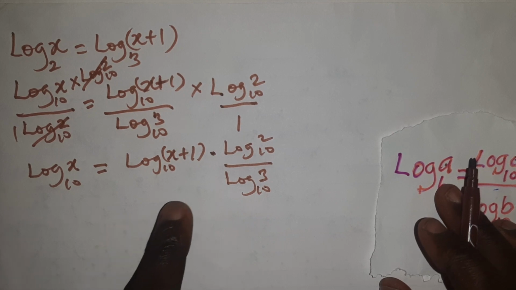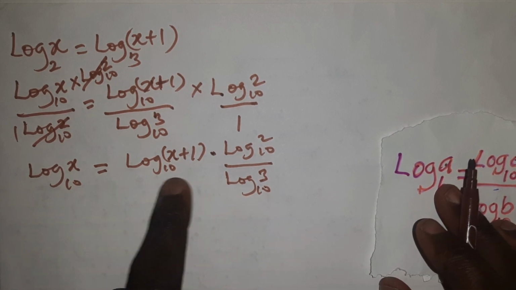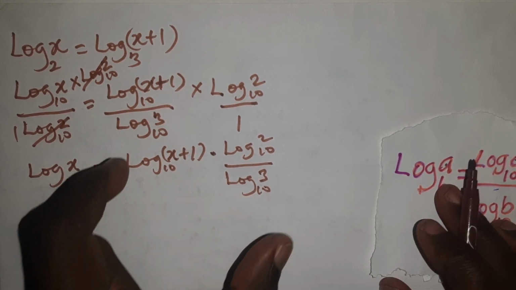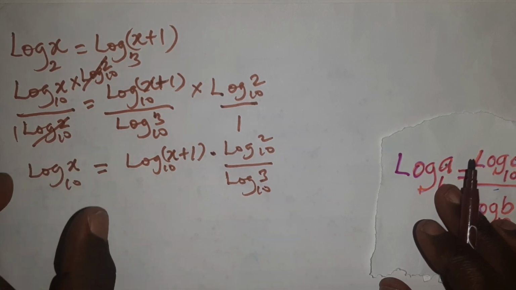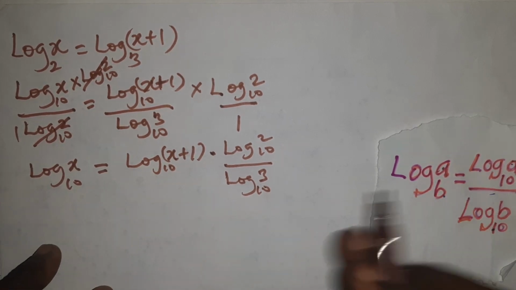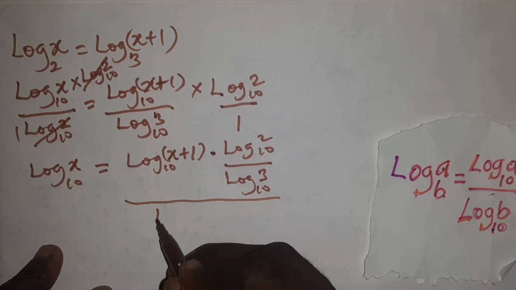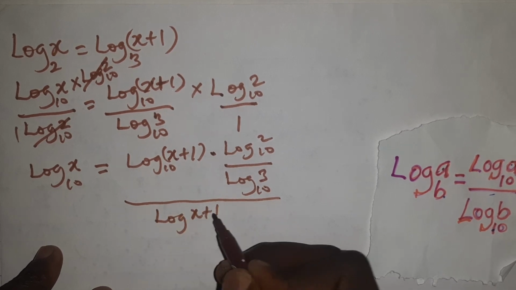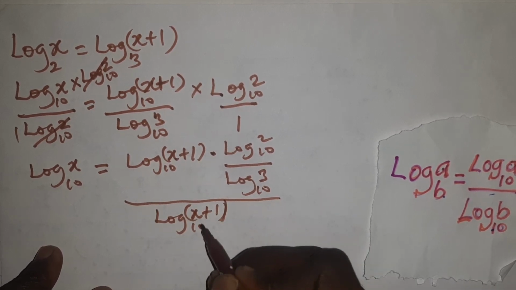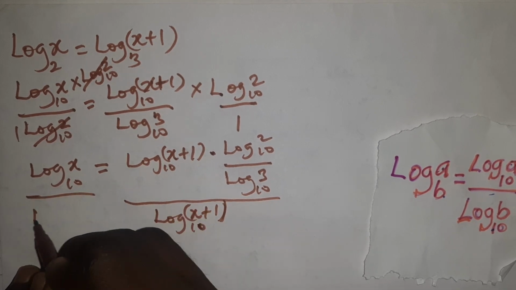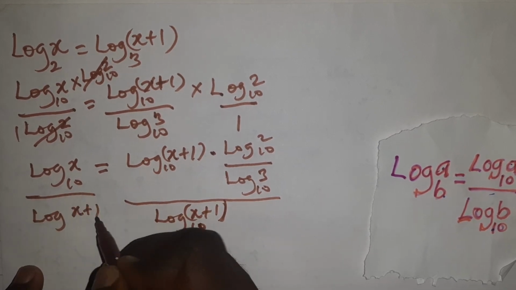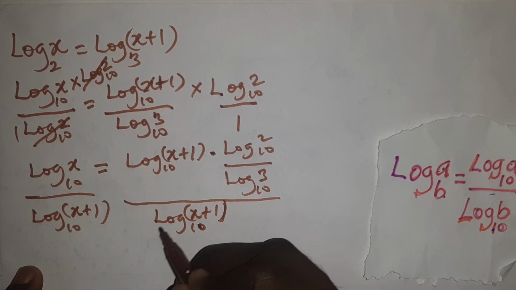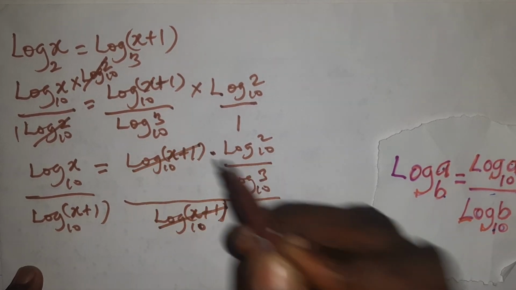Then I could divide both sides by log x plus 1 base 10. So this cancels out this.